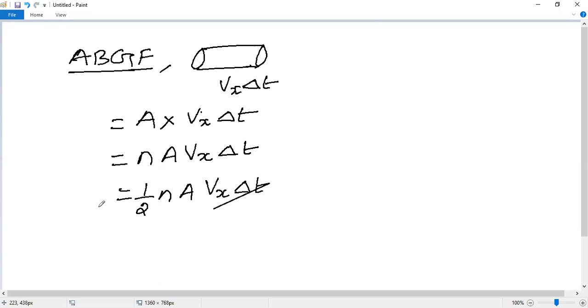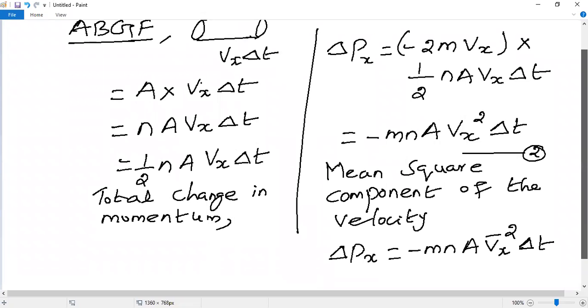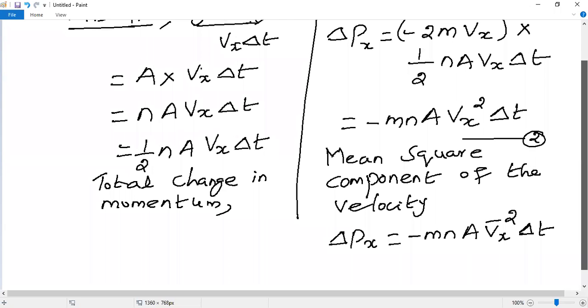Now the total change in momentum. Kindly note, with the components of the velocities, del px equals minus m n A v bar x square del t.